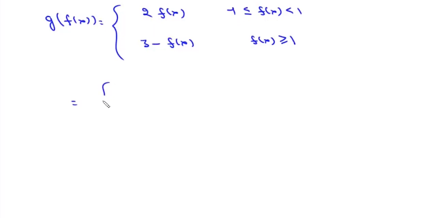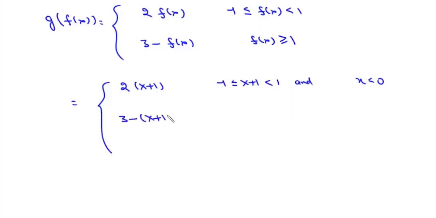So now we write this as 2(x plus 1) when x plus 1 lies between -1 and 1, and the condition with that definition is x is less than 0. And here it will be 3 minus (x plus 1) when x plus 1 is greater than or equal to 1, and here the condition is x is less than 0.